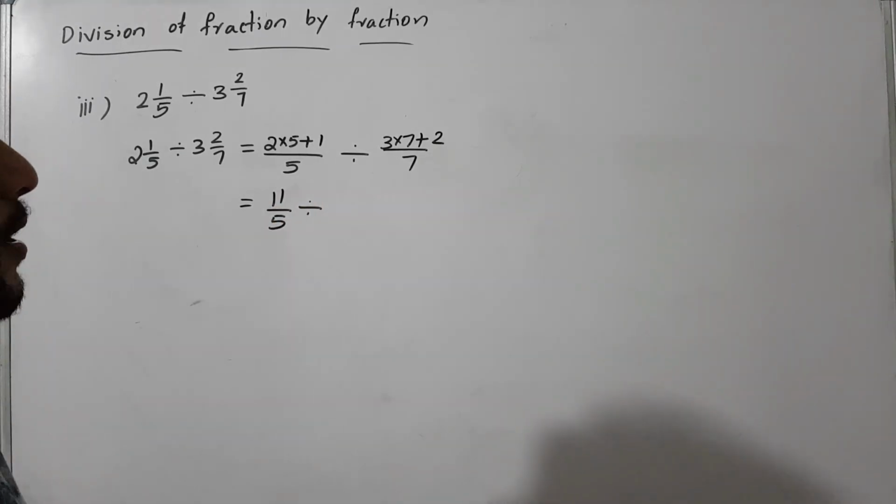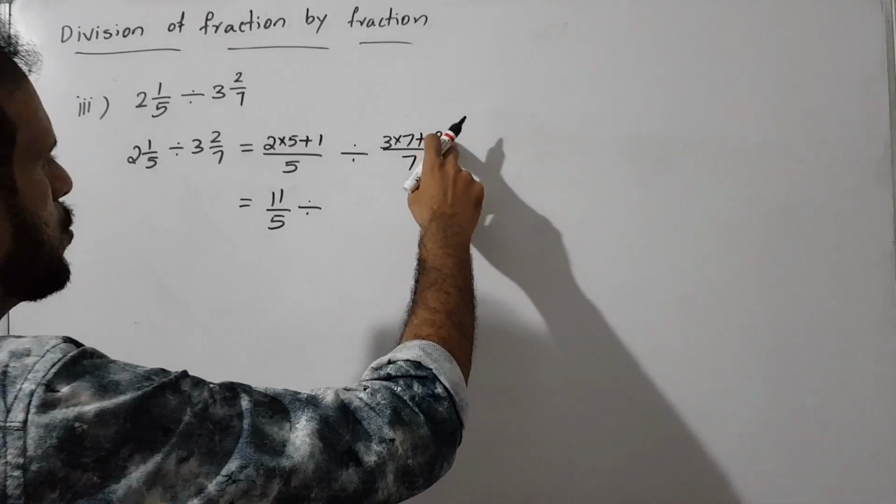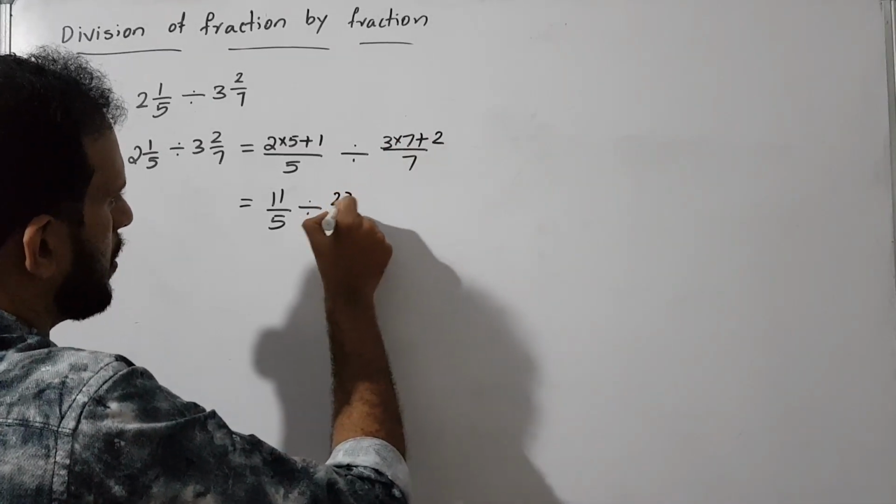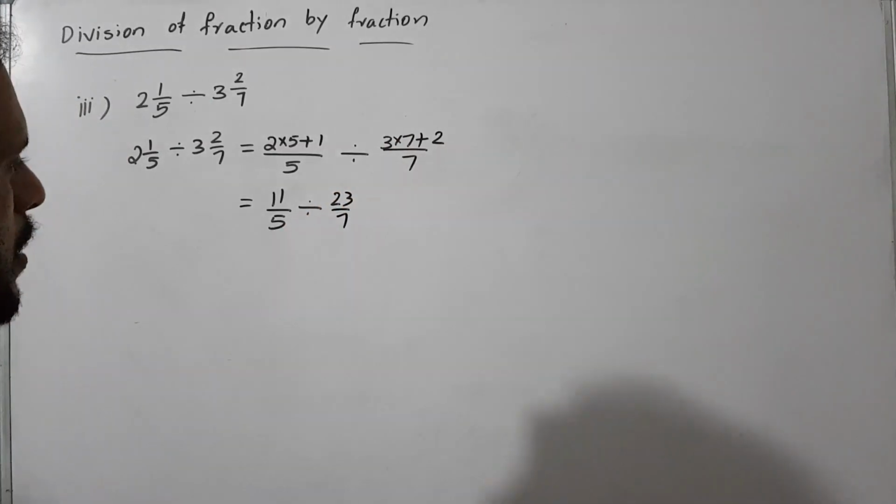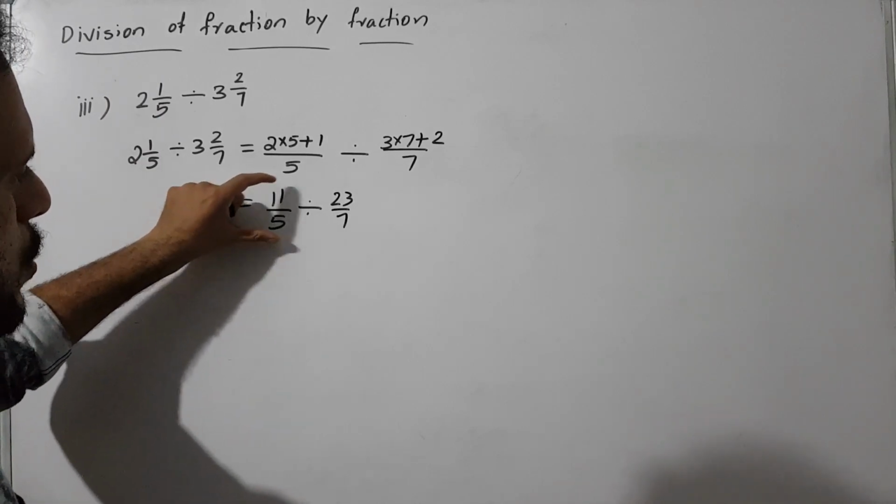What is 3 into 7? 21 plus 2, 23/7. Correct?